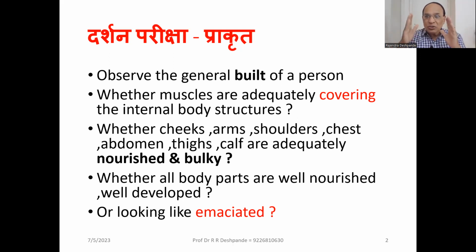Weight loss is Mansa dhatu Kshaya, deficiency of Mansa dhatu, because your weight depends on muscles, on bones, and on fat tissue or Meda dhatu. So Mansa dhatu is also an important dhatu for giving you the proper height-weight ratio.